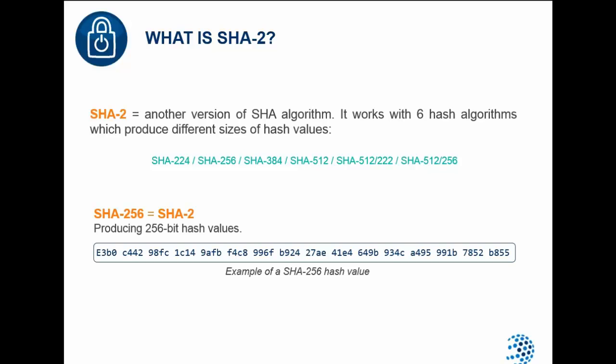SHA-2 is now becoming the industry standard, and it's the most common hash function used. Another hashing algorithm has been developed, SHA-3, but it isn't out in the market yet, it hasn't been implemented, and we don't think it will be implemented for a few years yet.